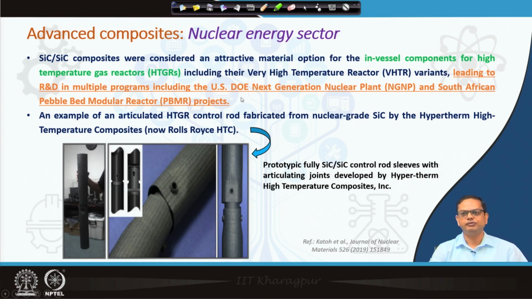So, in the Department of Energy, where they are trying to make next generation nuclear power plants, in those cases where you need materials, as I was mentioning earlier, which can withstand high temperature, this kind of joint also could be made by SiC fiber composite. So, again, application of composite material in exotic areas.